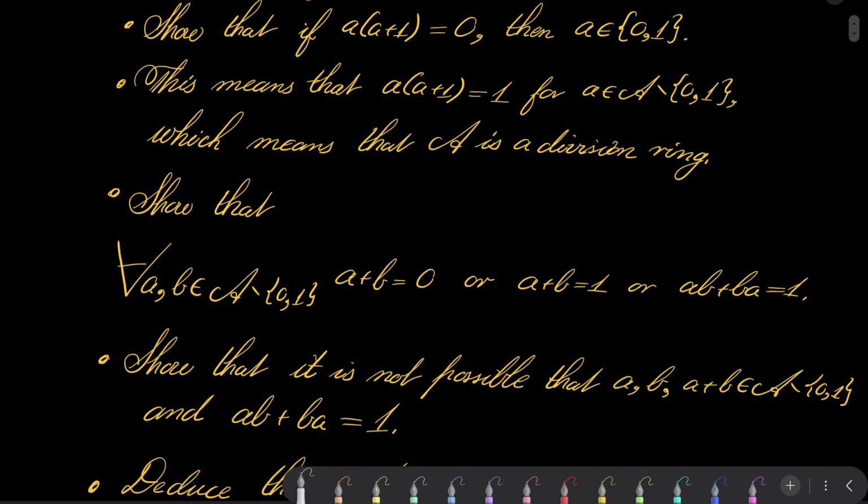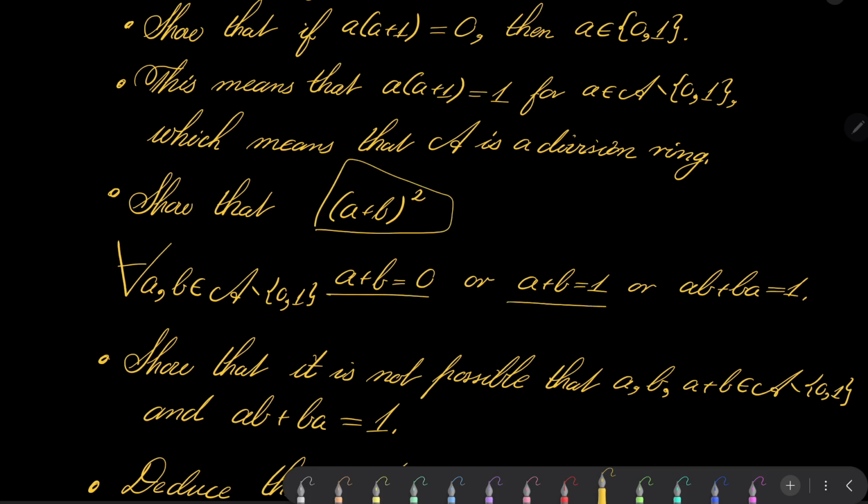Now, show that this condition... You should consider a and b, which are elements of our ring but not 0. You should consider a plus b squared. By considering this expression, show that either a plus b is 0 or 1, or ab plus ba is 1.